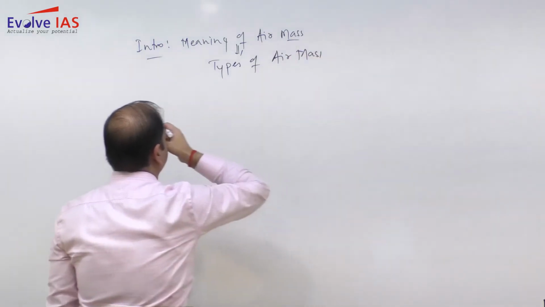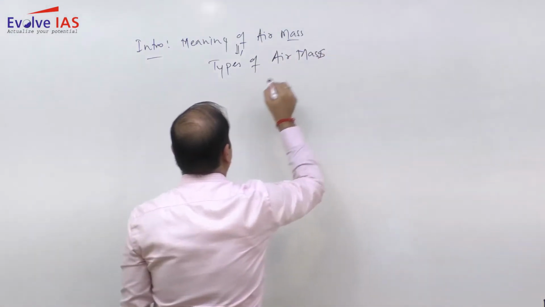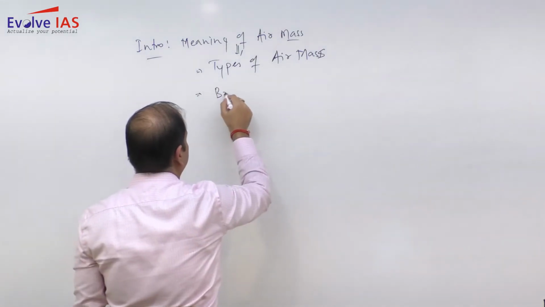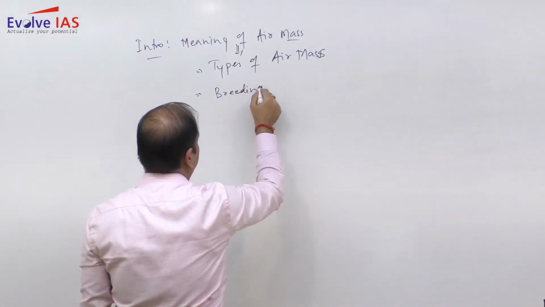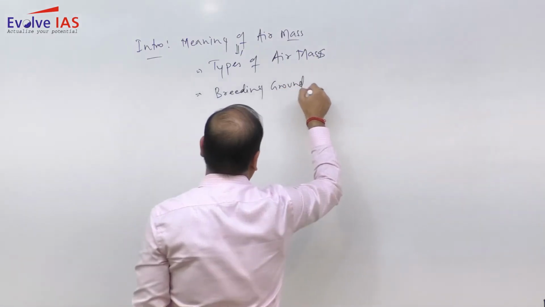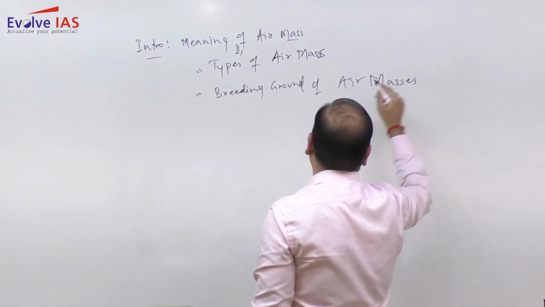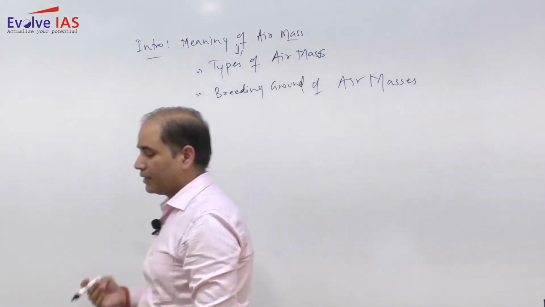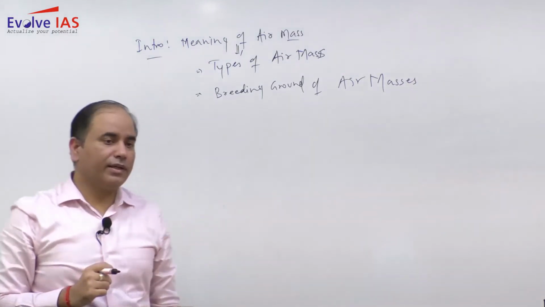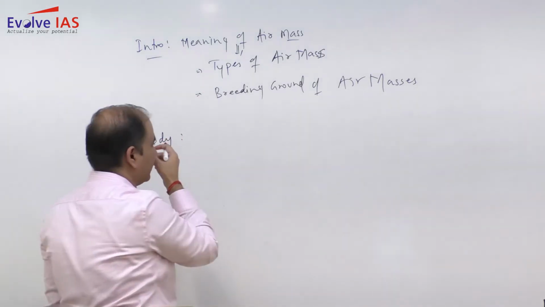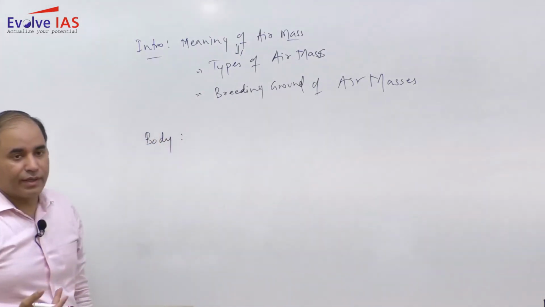You can also immediately start writing about the breeding grounds of air masses, that is, from where the air masses originate. Then coming to the main body, it is asking you to write about the different air masses, with suitable examples.